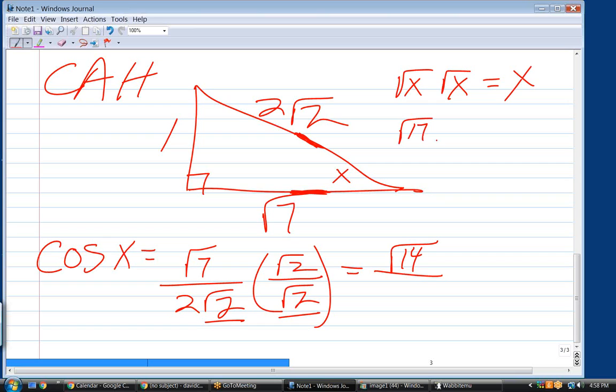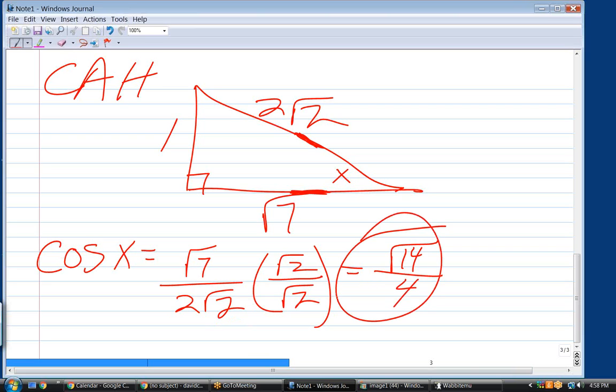Square root of 17 times square root of 17, I would not want to say that's the square root of 289 because then I'd need to get my calculator. But I can certainly say that it's 17. Okay. All right. So whenever you're multiplying a radical by itself, it's just that number. So the bottom is 4. Now, is that simplified? Okay.